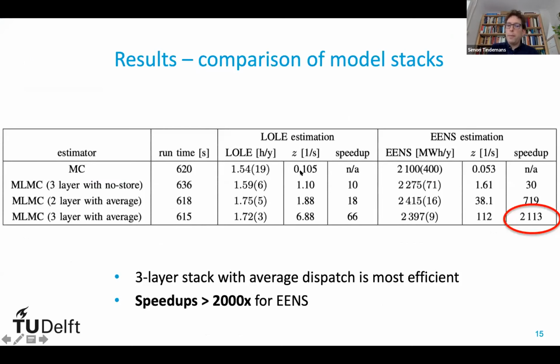So you can directly compare this Z for LOLE on this side with this Z for ENS. And you can see that in this combination, it's actually this one that is binding for the coefficient of variation, not this one because it's higher. And this also explains why the loss of load probability is much more difficult, because it's the variance that matters.